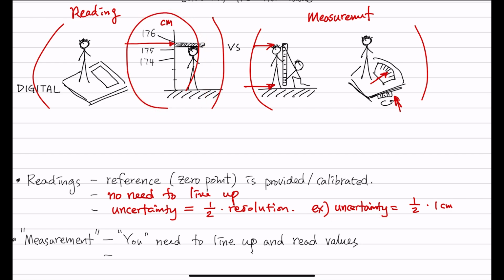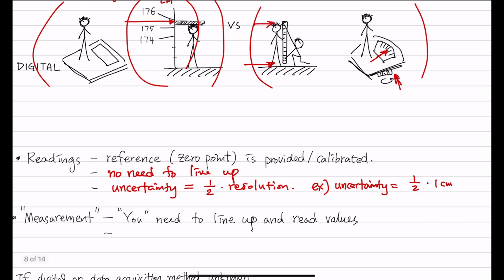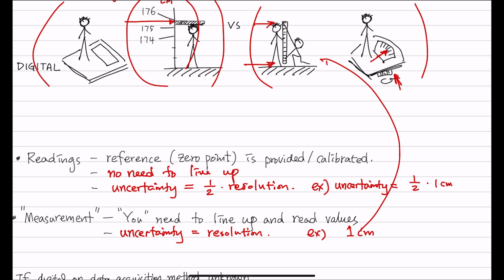Okay? On the other hand, if it was a measurement, then the uncertainty is the resolution. So for example, here we have 1 centimeter. That's this.